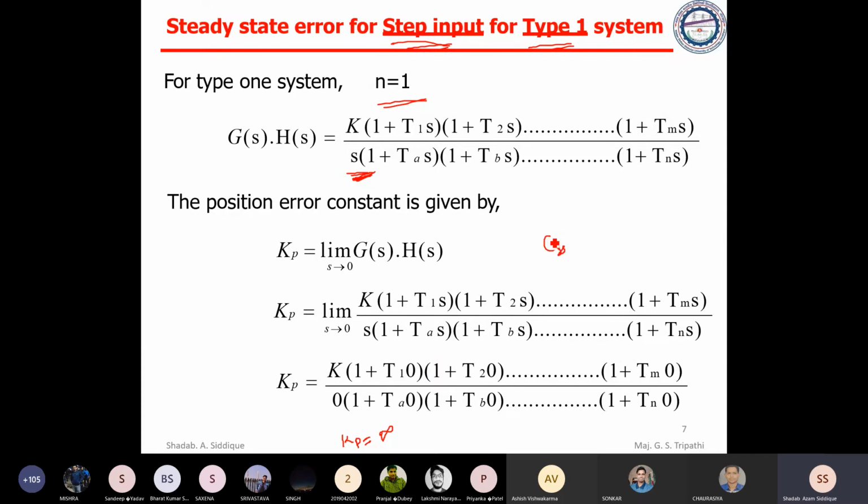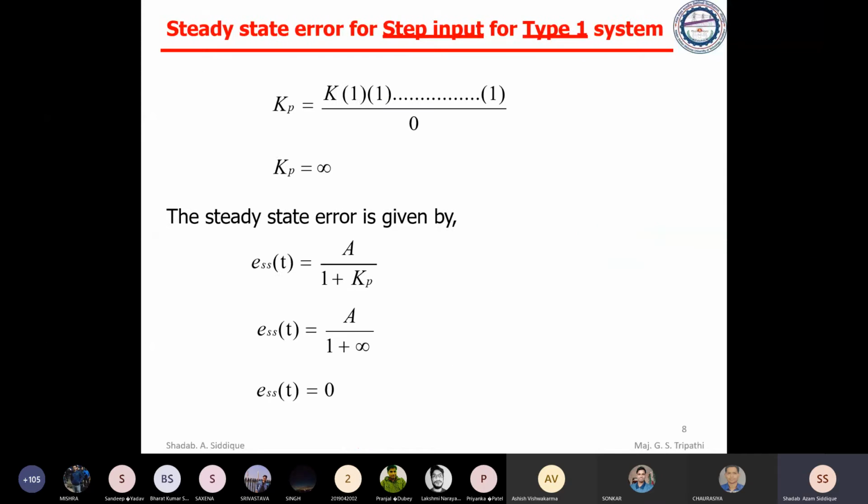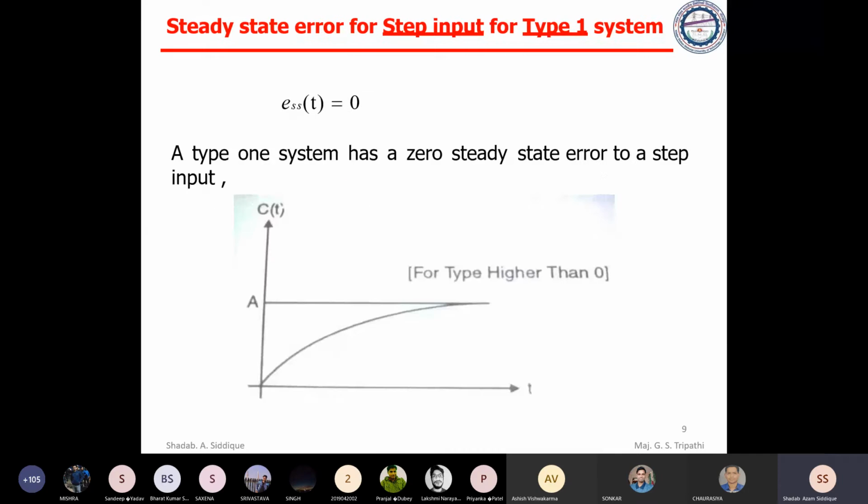ESS is nothing but 1 divided by 1 plus KP, that is 1 divided by infinity, that is nothing but 0. A divided by 1 plus infinity is 0. So you are getting error as 0.